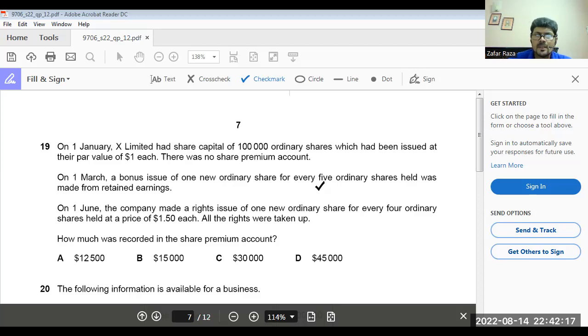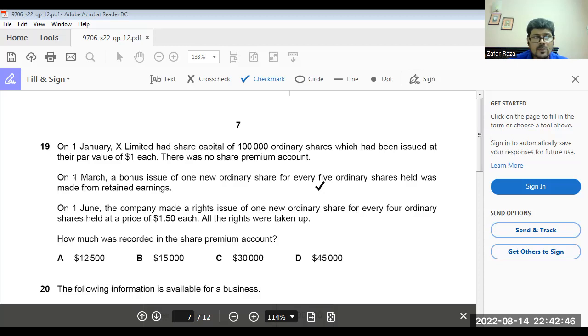Okay. Now, after that, the company is making a rights issue. When the company is making the rights issue, the ordinary share capital was standing at 120,000 after the bonus issue. So one for every 4 means 25%. So 120,000 multiplied by 25% means 30,000 more shares.